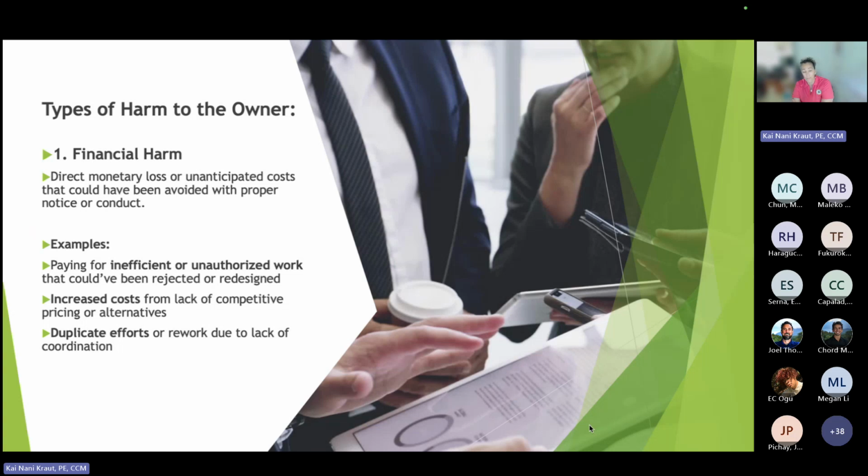So here are some examples. Inefficient or unauthorized work. I think that's a big one. Doing that analysis: is it efficient? Is it inefficient? And making timely comments, creating that record, because if you don't have the record, even as they're proceeding, a year later it's going to be very difficult to show that, oh yeah, they were really inefficient.